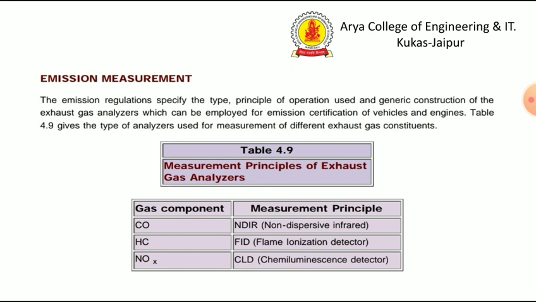For CO gas component, the measurement principle is NDIR, non-dispersive infrared rays. For HC gas component, we use FID, flame ionization detector, and for NOx we use CLD, chemiluminescence detector.